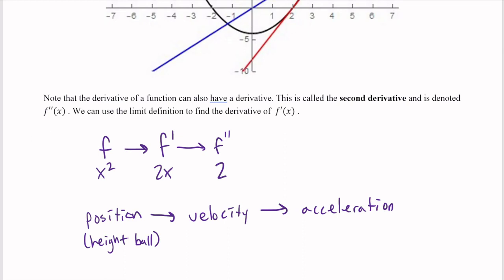So that's the connection. And there is actually a third derivative, and that in the physics world is called the jerk of position. So you can just keep going. As long as the function remains differentiable, you can continue to differentiate it.